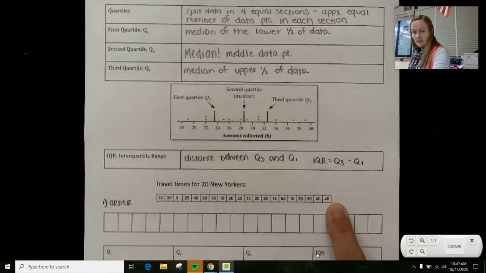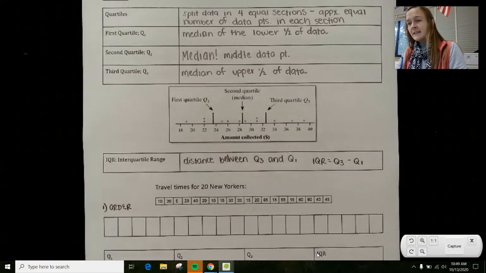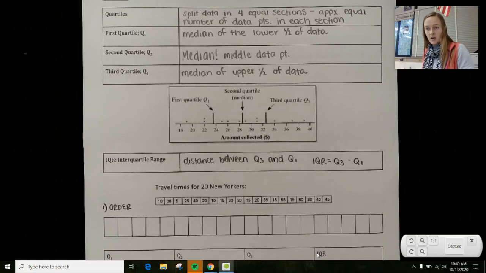So here are my data points. If you're looking along at the slides, then you can see the data points on slide 43. So I'm going to first find my lowest and my highest and go from there. I think 5 is my lowest.